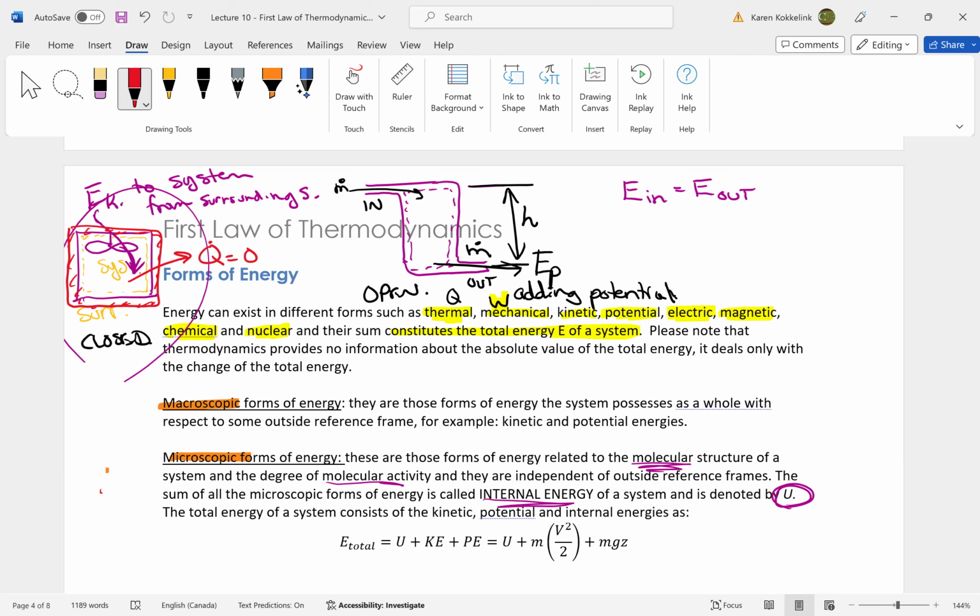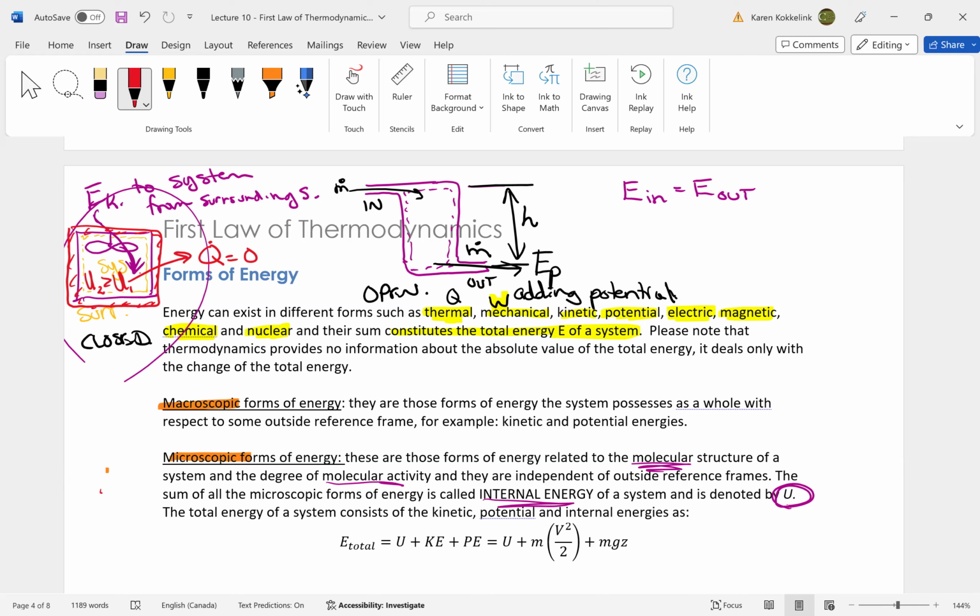Then the internal energy after some time must be bigger than the internal energy that we started with. The internal energy of a system is basically how excited the molecules are, so they inherently have more energy, and we'll talk about that again in a moment as well.